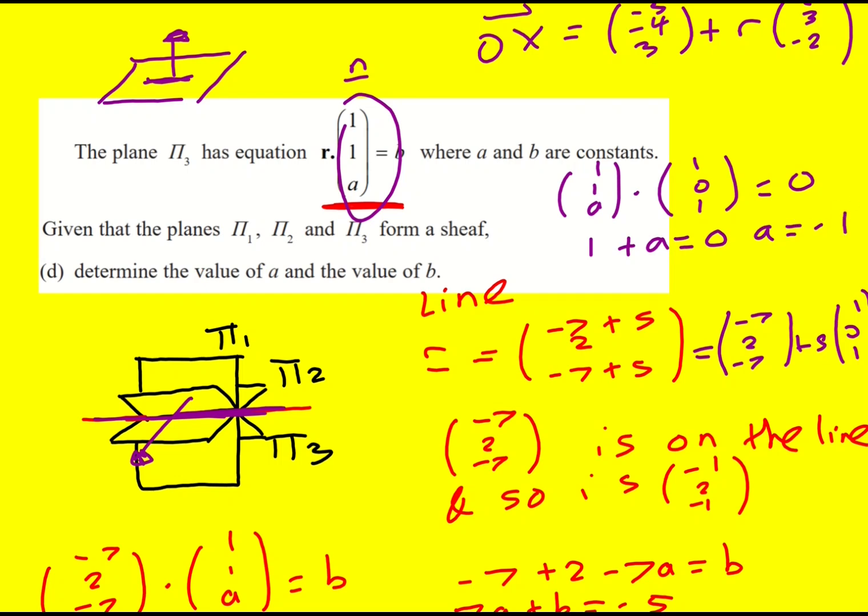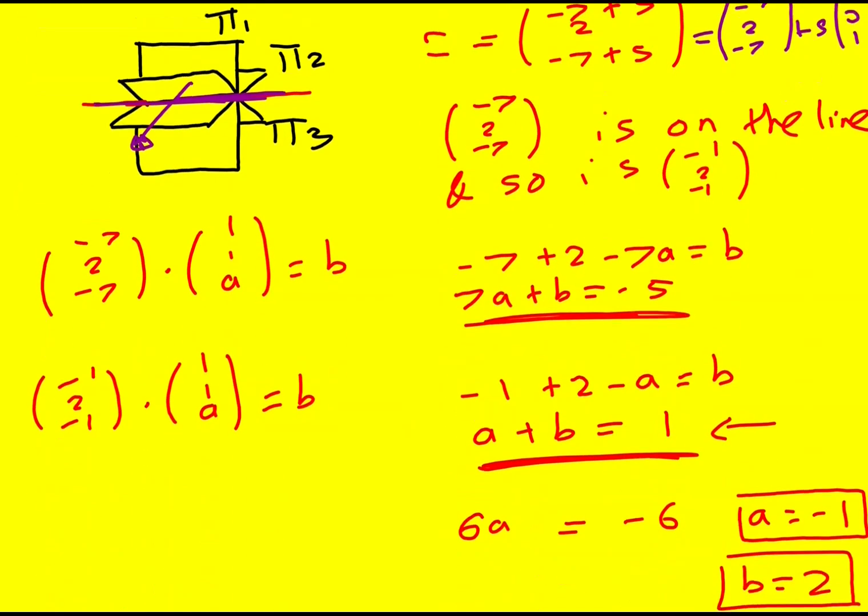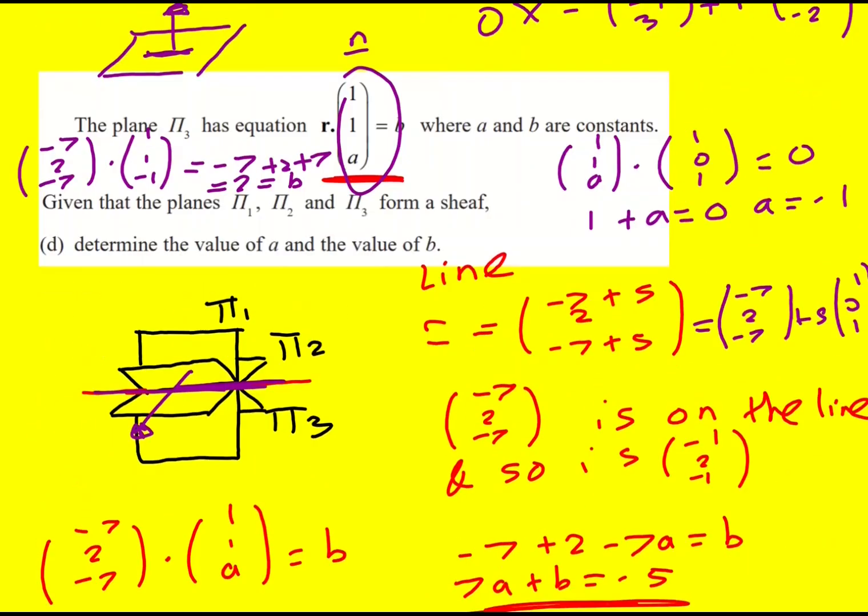We could then use the (-7, 2, -7), dot that with (1, 1, -1), and that will be -7 plus 2 plus 7, giving us 2, or b. I don't quite like how I did it, but I just wanted to mention that method because it's a slightly quicker way to get to a, but my method of using 2 points was also valid.